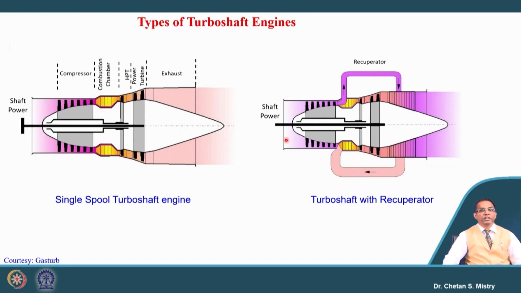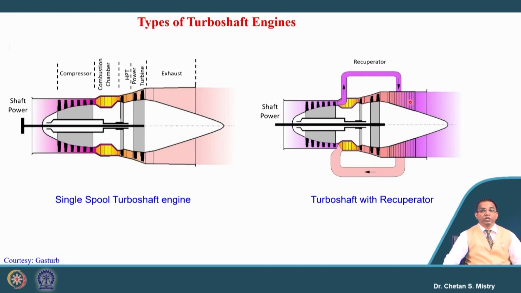Similarly, here we have a slightly different construction. The exhaust coming out is supplied to a recuperator. If you recall, we have discussed this kind of configuration for the turbofan engine, and even for the turboprop engine.